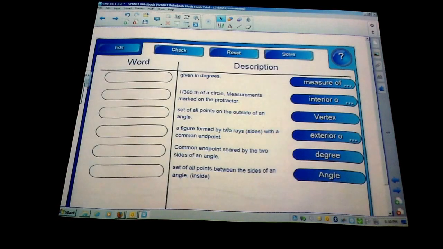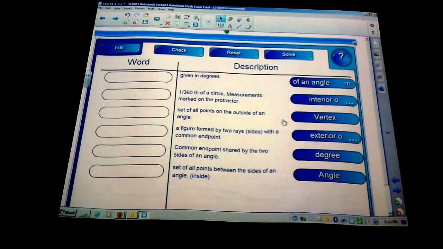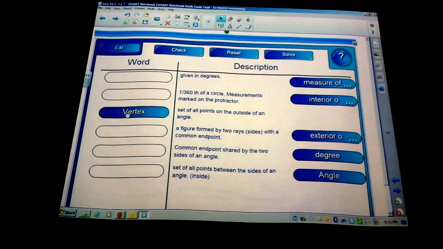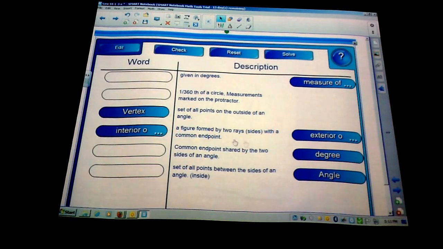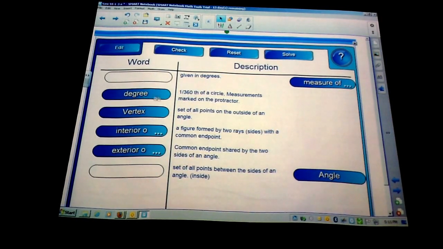Alright, so I'm bringing up the second page here, and here it has all our definitions. Well, we have the vocab words over here. If you click on the vocab words, they'll scroll across so you can read each vocab word. And the way the page is set up is so that you can drag the vocab words over into the slots by the descriptions, and then you can check to see if you got them right or wrong.